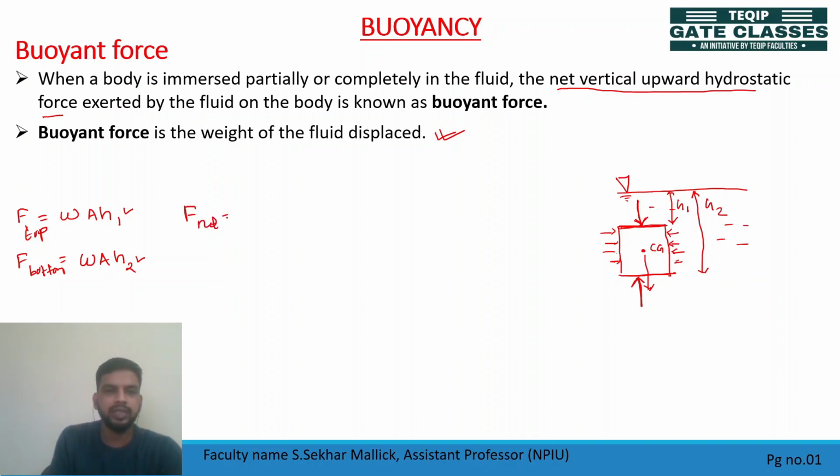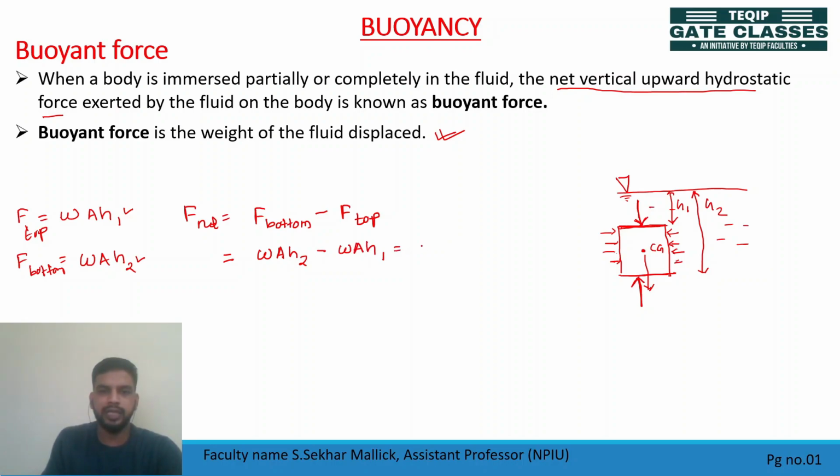The bottom part will experience more pressure because the h2 height is more than h1, so F bottom minus F top. What is F bottom? Omega a h2, minus omega a h1.